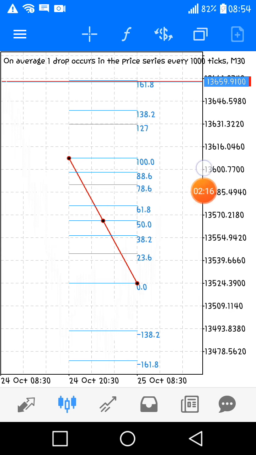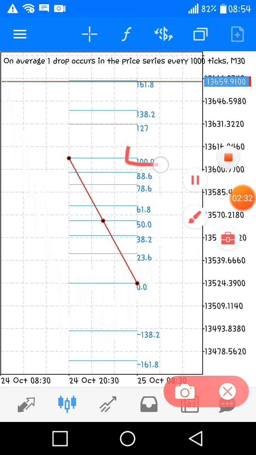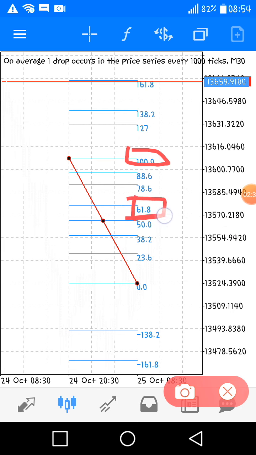Normally this is how it looks when you plot your chart, with the 161. I didn't remove the levels, please bear with me. In your chart, these will be the levels that are there: 100, 61.8, 50, then 38, 23 and 0.